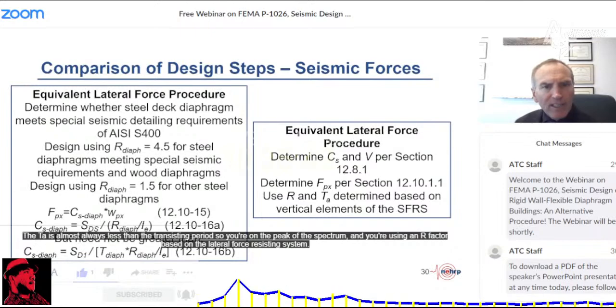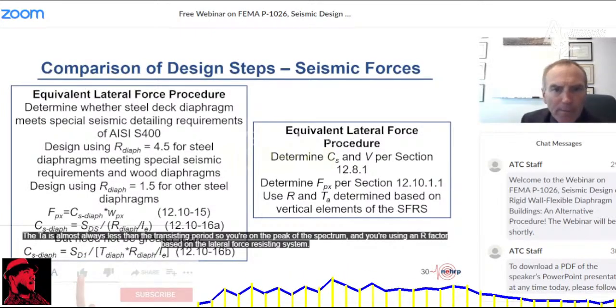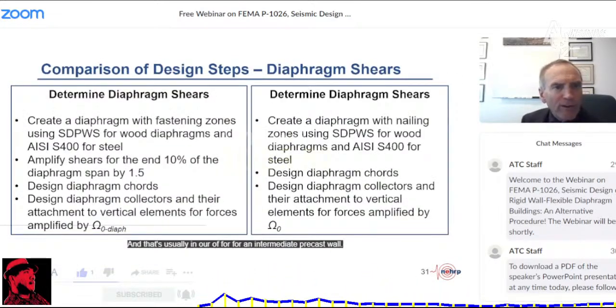So you're on the peak of the spectrum and you're using an R factor based on the lateral force resisting system. And that's usually an R of 4 for an intermediate precast wall.